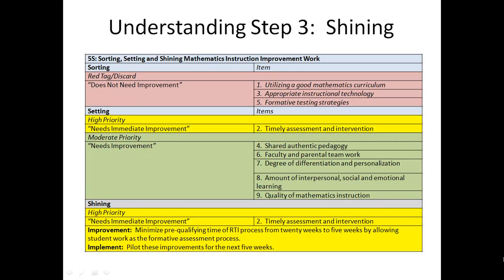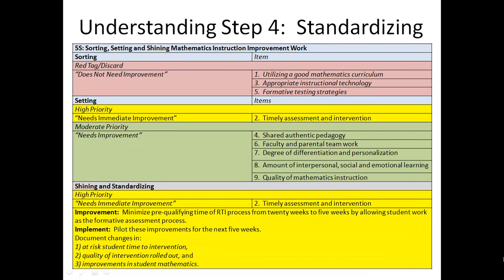And then you shine those elements up. You make small improvements and tweak it and so on until you get it to where it's pretty good. In other words, what we're trying to do with shining is to try to pilot best practice. And then once we've done a pilot and we've had a chance to work on that a little bit, we're ready to go ahead and move to the next step in the 5S cycle, and that's standardizing.